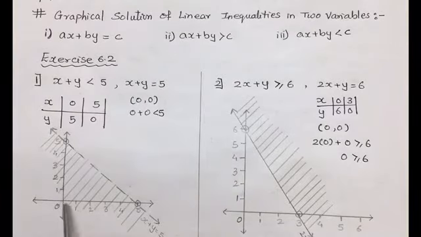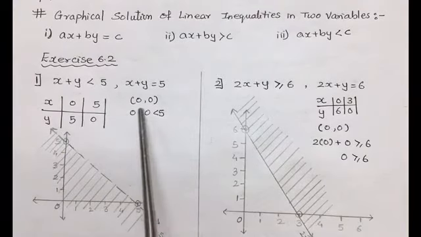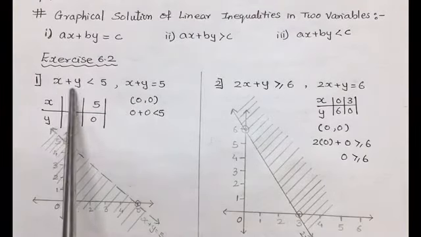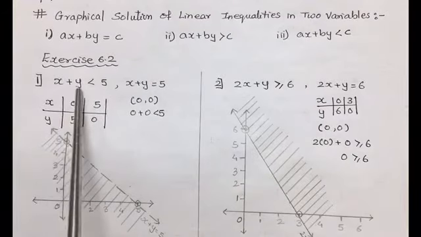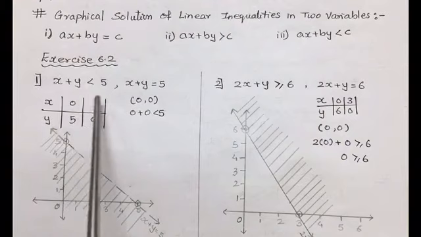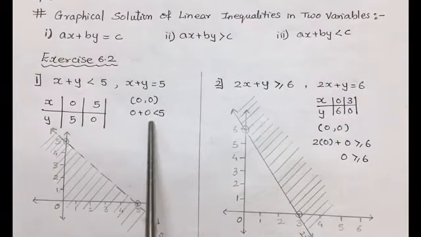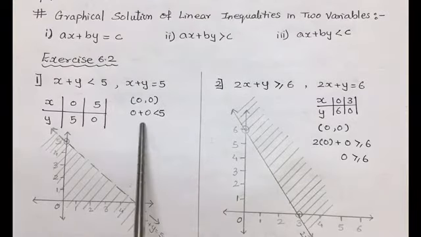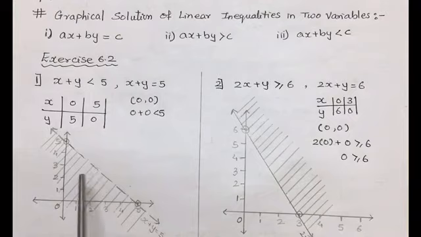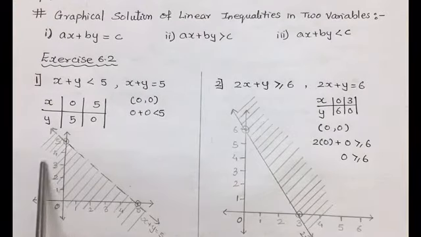Now 0, 0 is lying towards this half of the line. So taking 0, 0, keeping in this inequality, in the place of x and y, 0 and 0. So 0 plus 0 is less than 5. So the point 0, 0 satisfies the inequality. Therefore, the solution lies towards 0, 0.